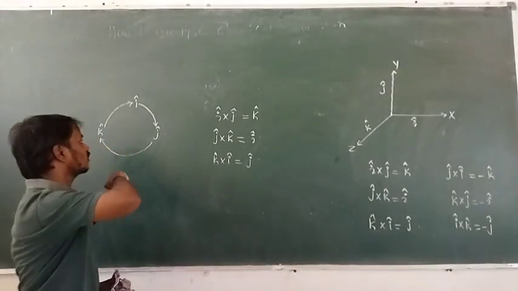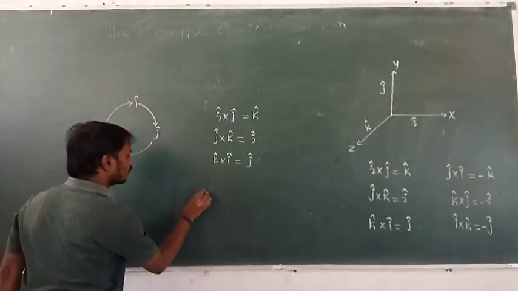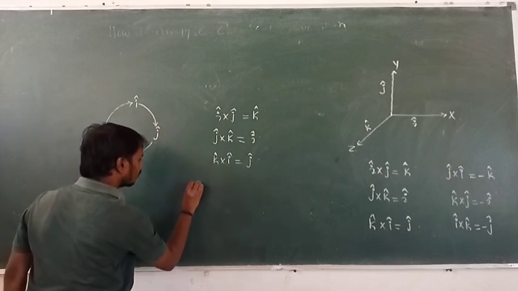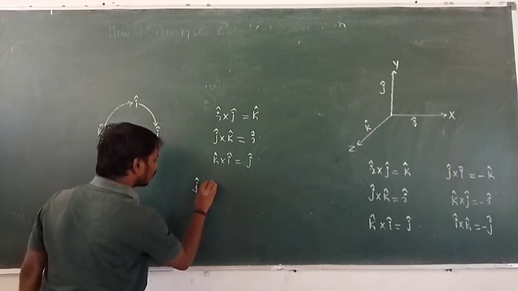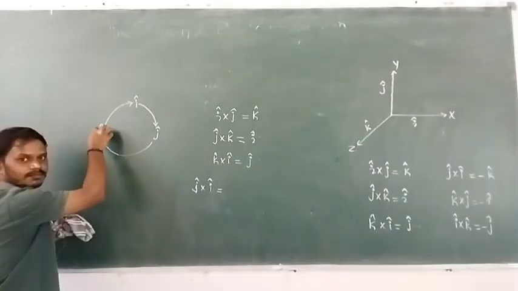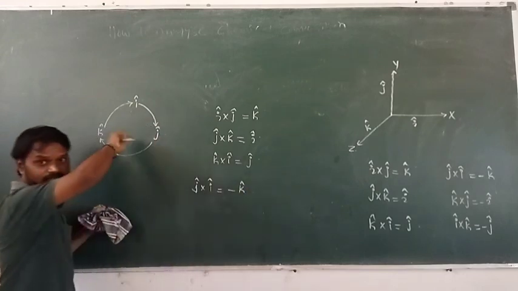In the anti-clockwise direction, I will take j to i. I will start from here: j to i gives minus k, minus k in the anti-clockwise direction.